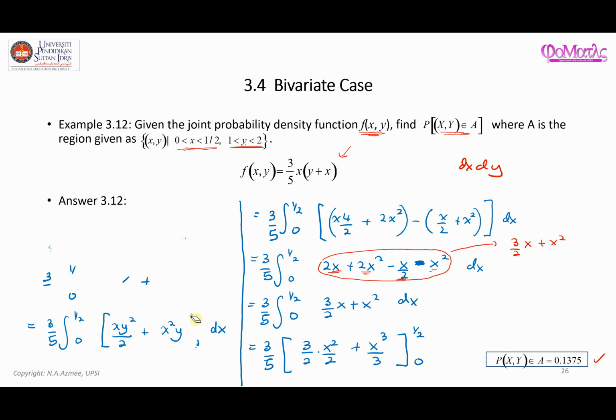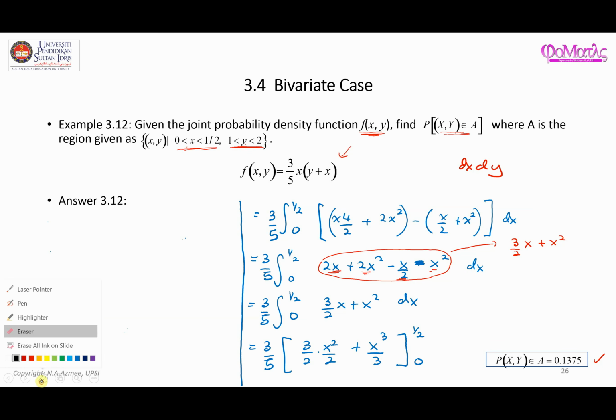Now our job is very simple really. We're just going to substitute the values of x into the result that we have. We're going to substitute 1 over 2 into x, and then minus. If you substitute 0 into this, all of this becomes 0, so we don't need to subtract anything.